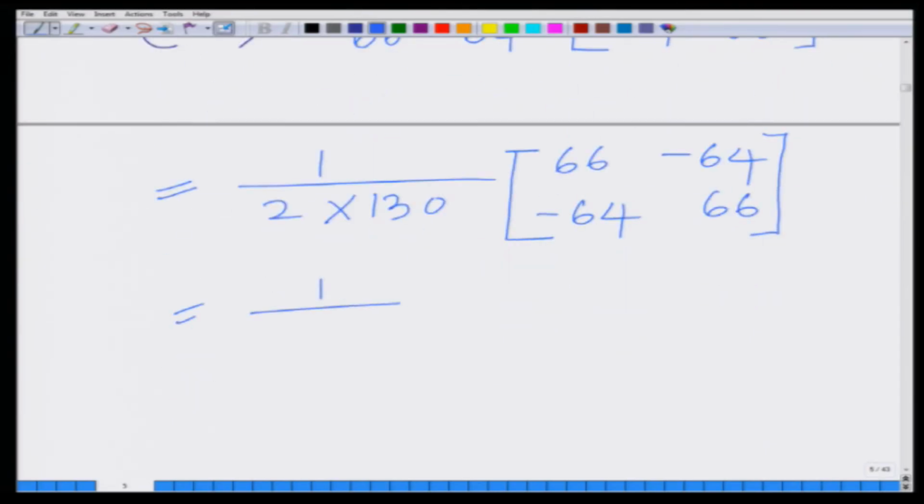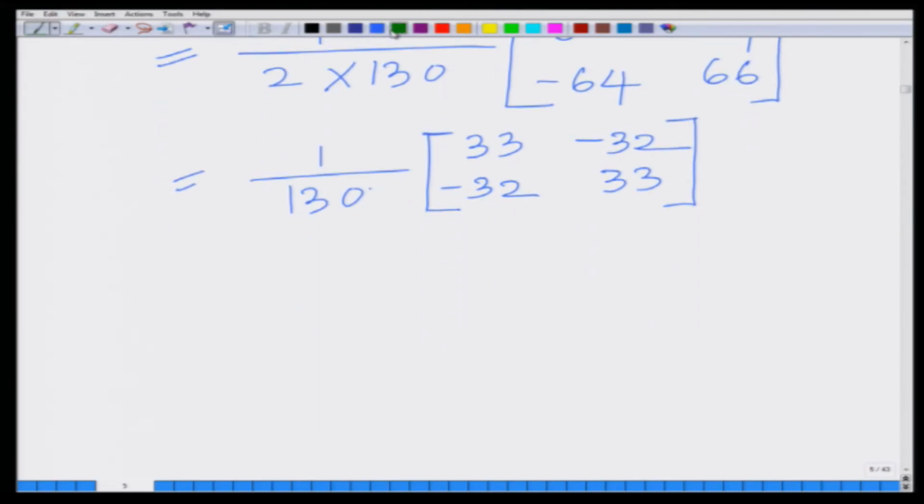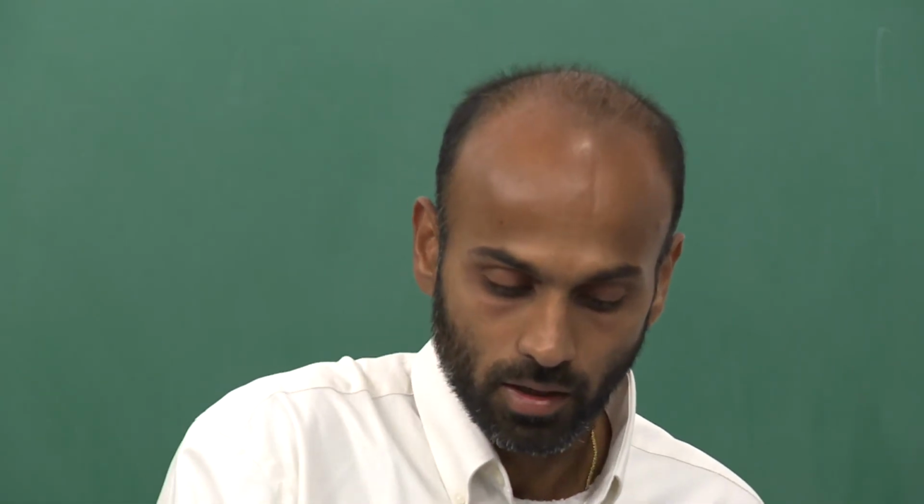I have 1 over 130 times 33, minus 32, minus 32, 33. Okay. So, now basically what we have found is this quantity x transpose x inverse. X transpose x is a 2 cross 2 matrix. We have computed the inverse of this matrix, where x is the pilot matrix.